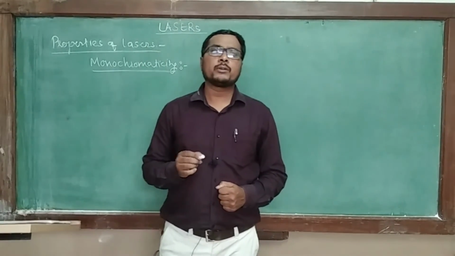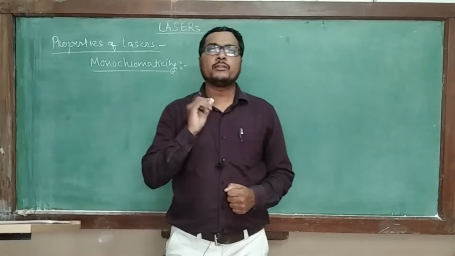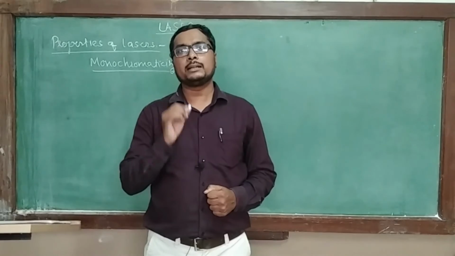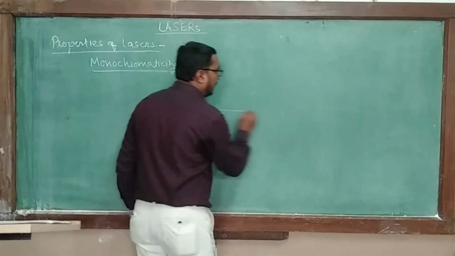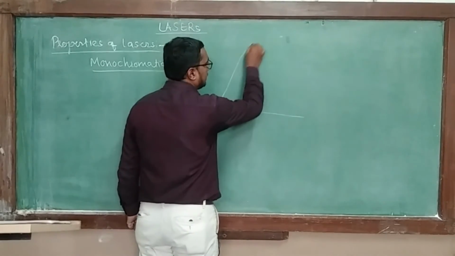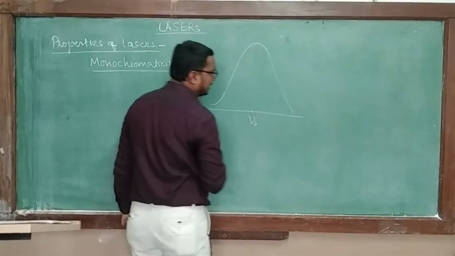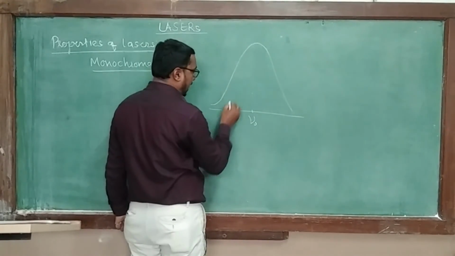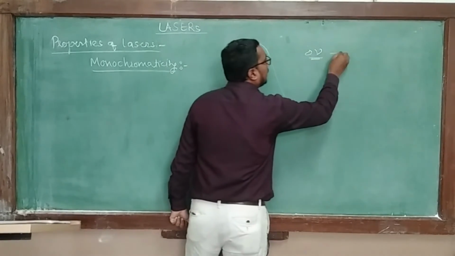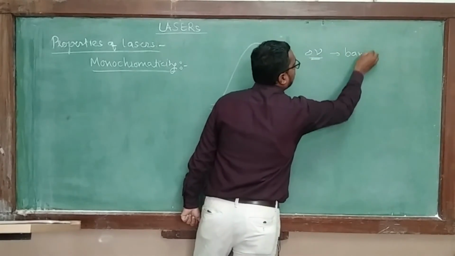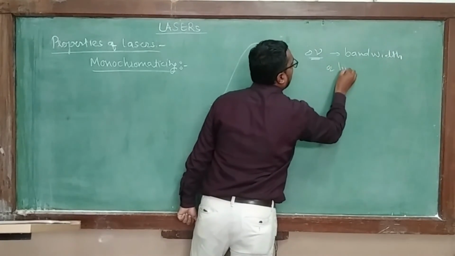Light coming out from any source consists of a band of frequencies centered around a center frequency. So the band of frequencies is like this, and it is centered about the central frequency mu 0. This band of frequencies is called bandwidth or line width.